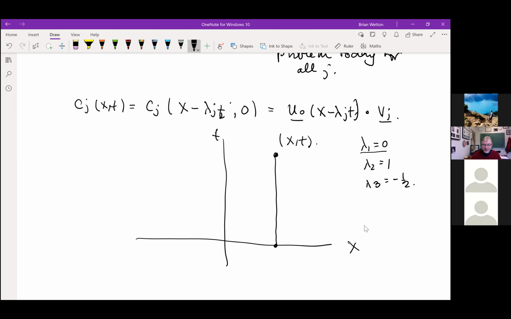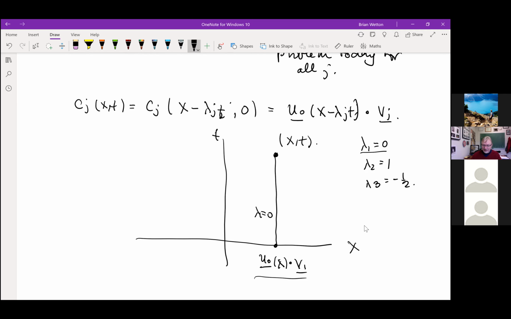This is going to give me one of the components of my solution, and that component is going to be the eigenvector 1 component. So I work out what that component is here, and the component up here is the same.